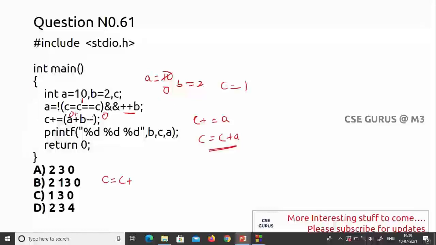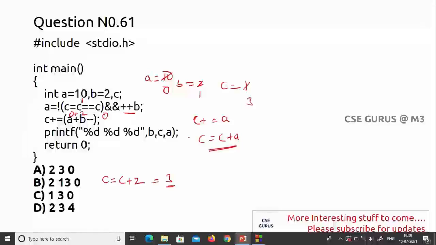Now B minus minus, it's a post decrement, right? So first what is B value? 2 will be taken, then afterwards B value will become 1. So first it has to be taken as 2, right? Post decrement. So what is 0 plus 2? 2. So here 2. What is C value? 1. 1 plus 2, now C value will become 3.